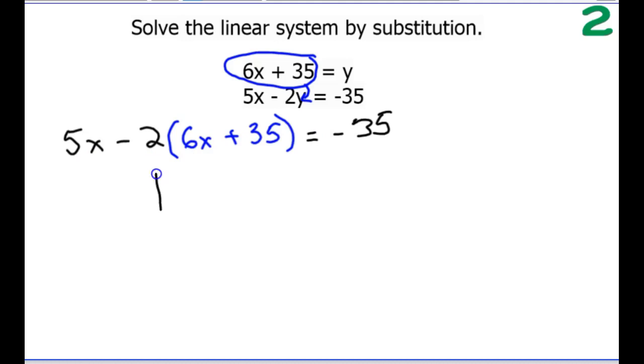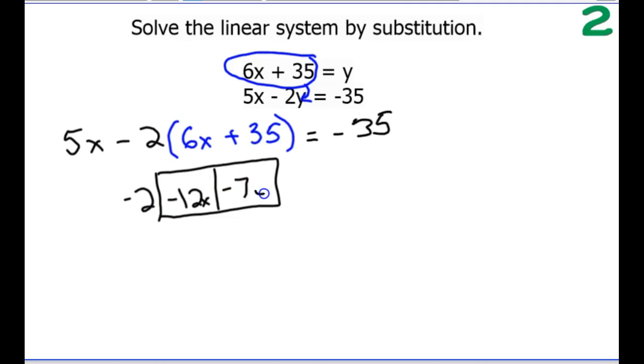So then we got to draw our box. Negative 2 times 6x is negative 12x. Negative 2 times 35, that's negative 70.